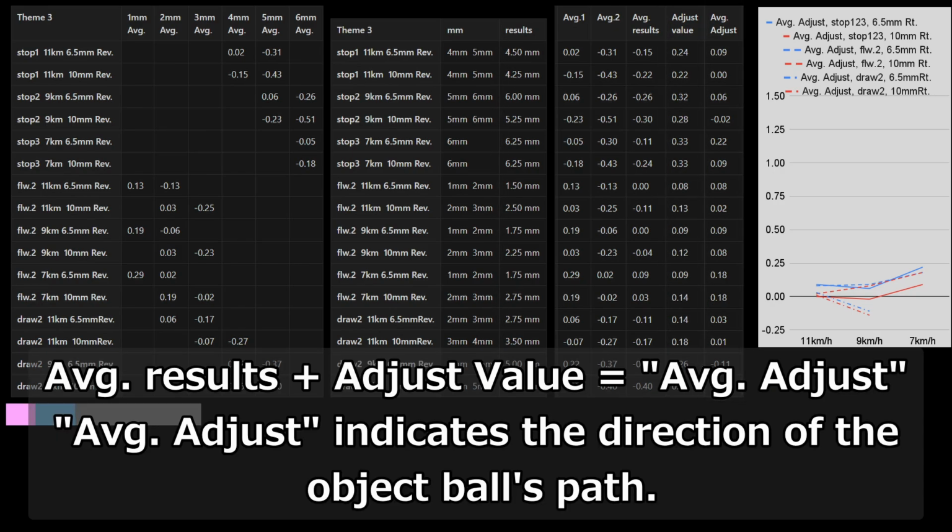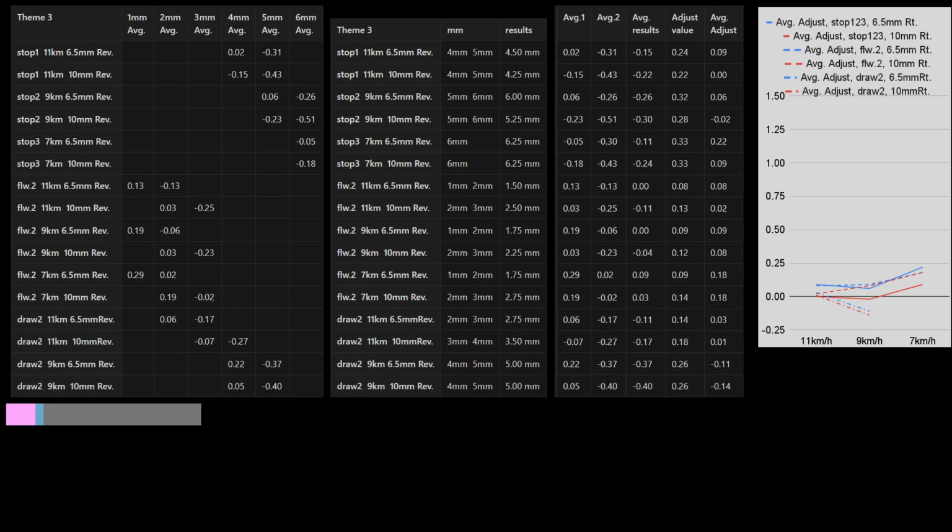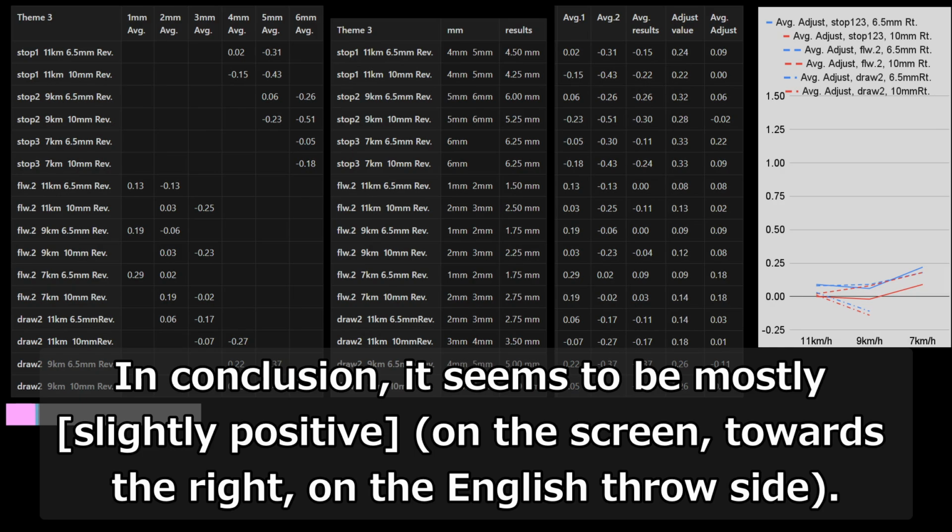Average adjust indicates the direction of the object ball's path. In conclusion, it seems to be mostly, slightly positive, on the screen, towards the right, on the English throw side.